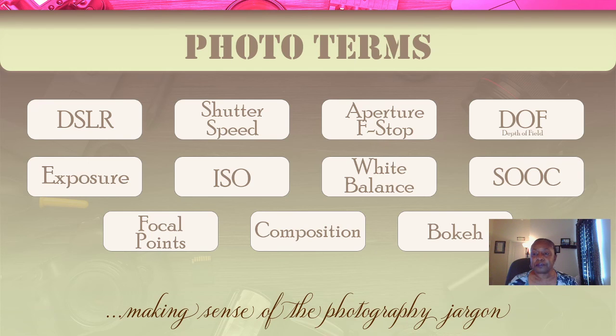SOOC, straight out of the camera. Focal points, picking an object or subject that you want to be in focus. Composition, your artistic layout, framing of your subject. And then lastly, we talked about bokeh, that artistic blur that you can add to your image to give it a little more appeal or creativity.